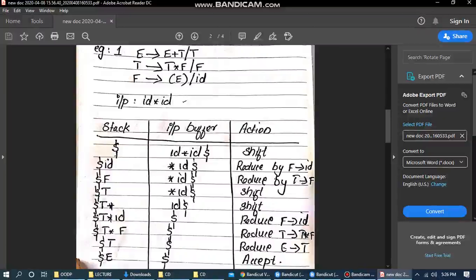Either we can directly write E in the place of T. If you write E in the place of T, it will become E. Then in the very next step, we have to compare that E, the capital letter or the start symbol E, with the right hand side of the grammar.